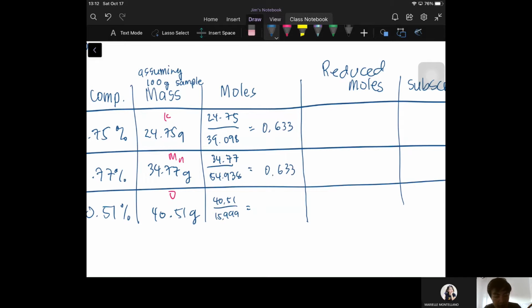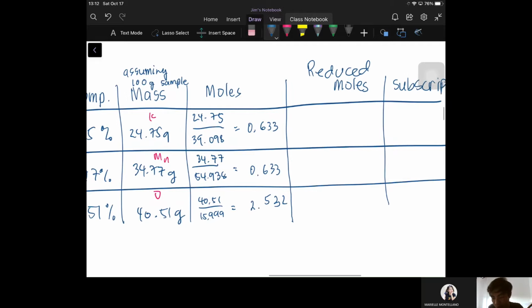For oxygen, that's 2.532. So those are their moles. When it comes to the reduced mole, all we have to do is divide the moles by the smallest number, which is 0.633. That's the lowest, so we divide our moles by it.